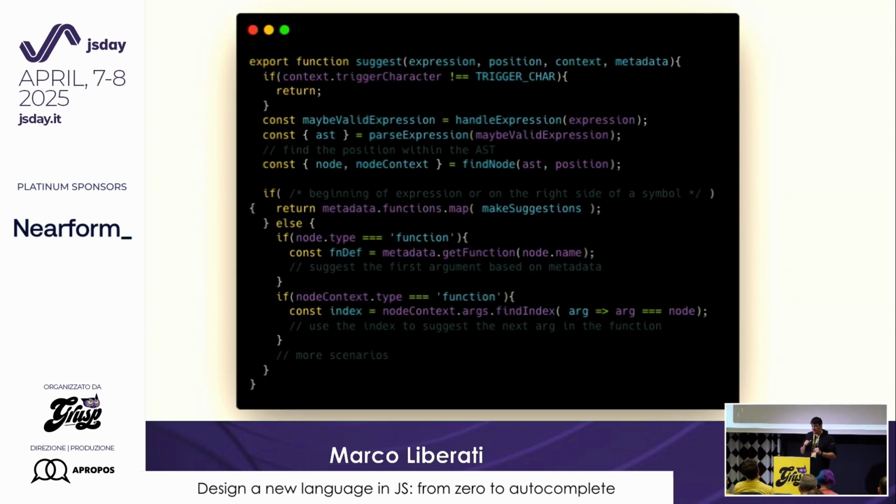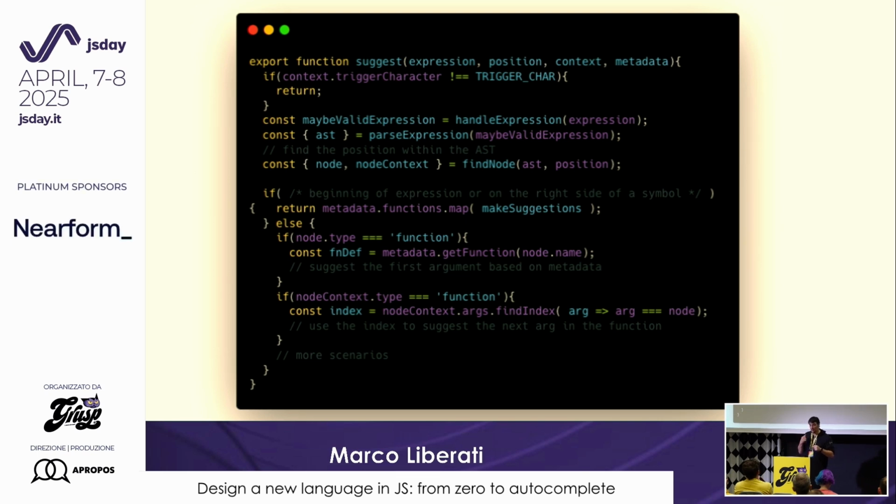This is a very small skeleton for the suggestion code. So you can see that there is a maybe valid expression there. And actually, that's my guess. I mean, that's the handle expression output where I try to put these markers and make things pass, even though the initial expression statement is invalid.